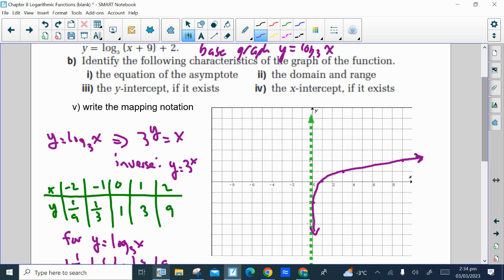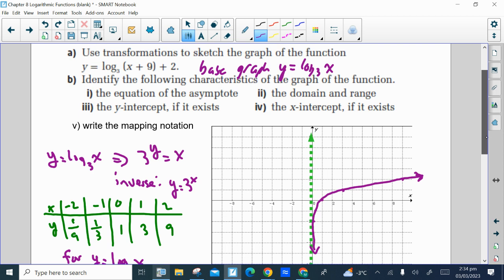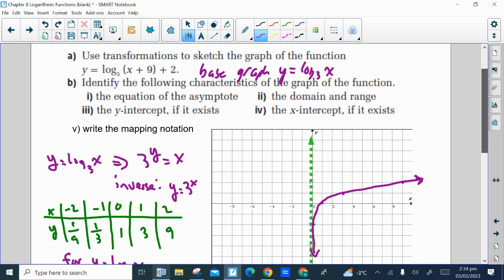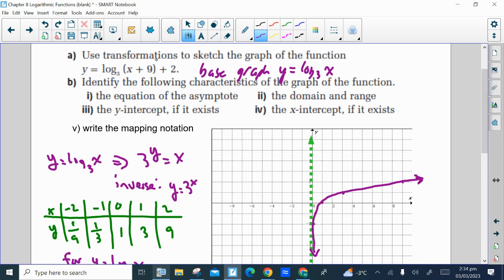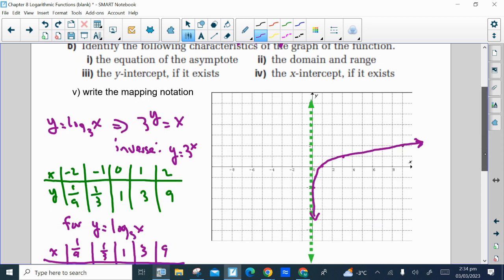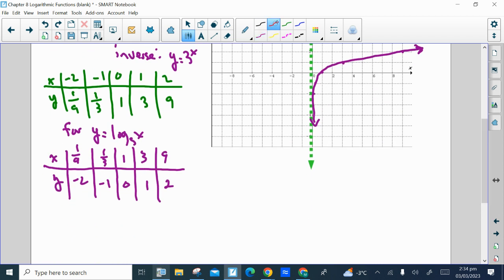See if you can finish off those questions: equations of the asymptote, domain, range, y-intercept, x-intercept, and mapping notation. Whoops, I'm sorry. That's the base graph. Now we have to do our new graph defined by this equation. The x is replaced with an x plus 9, so that would be an h value of negative 9, which means the graph is going to shift 9 left.